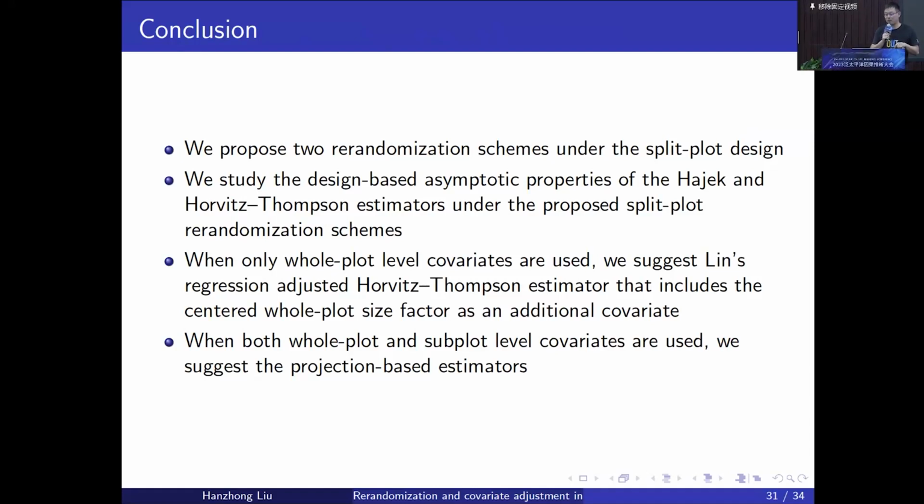When only whole plot level covariates are used, we suggest the Lin's regression adjusted Horvitz-Thompson estimator that includes the centered whole plot size factor as an additional covariate. And when subplot level covariates are used, we suggest the projection-based estimator because in theory, it can guarantee efficiency gains, but the Lin's regression cannot.